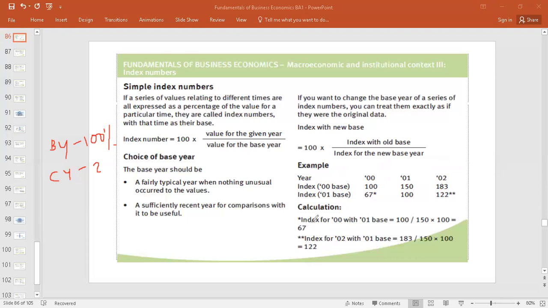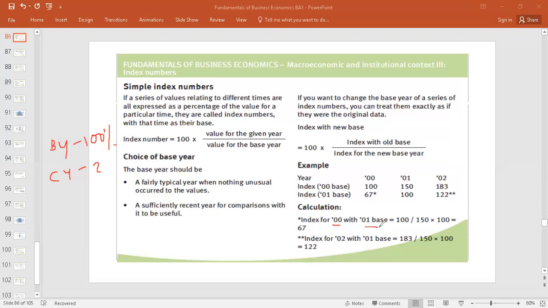If we are to calculate the index for 00 with 01 as the base, if the base is moved to 01, then we take the index for 00 with 01 as the base.